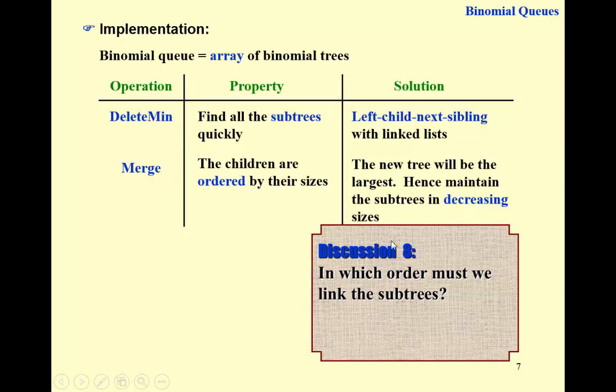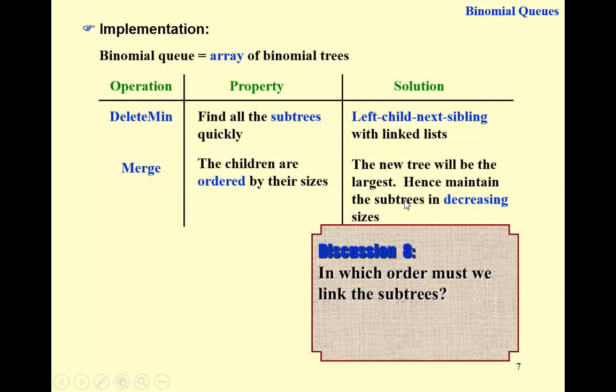Because the new coming tree has the same size as this whole tree, it must be the tree with the largest size. And if all the children are linked in increasing order of their sizes, this new tree is supposed to be the last one. And therefore, we start from the root and follow its left child link and then we have to scan the whole linked list to find the last position and attach the new tree to be the last child. And it's going to take time, right?